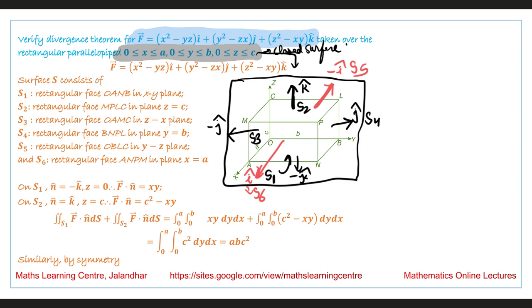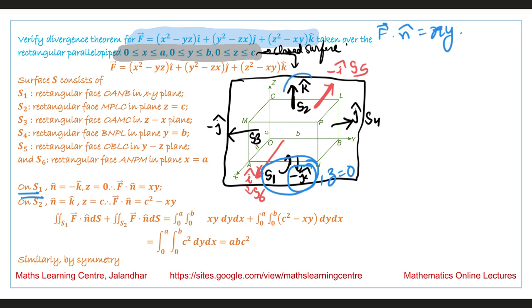Now we are talking about S1. We have the normal minus k cap, and the value of z is 0. So if you look at this, you will obtain that f vector dot n cap is equal to x into y.